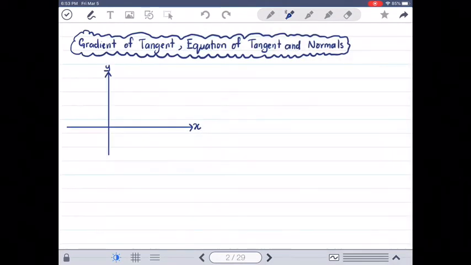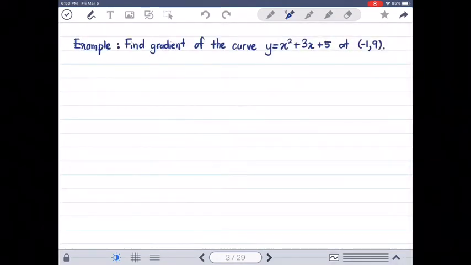Let's look at the example. Find the gradient of the curve y equals x squared plus 3x plus 5 at point (-1, 9). So we want to find the gradient of the curve at point (-1, 9).